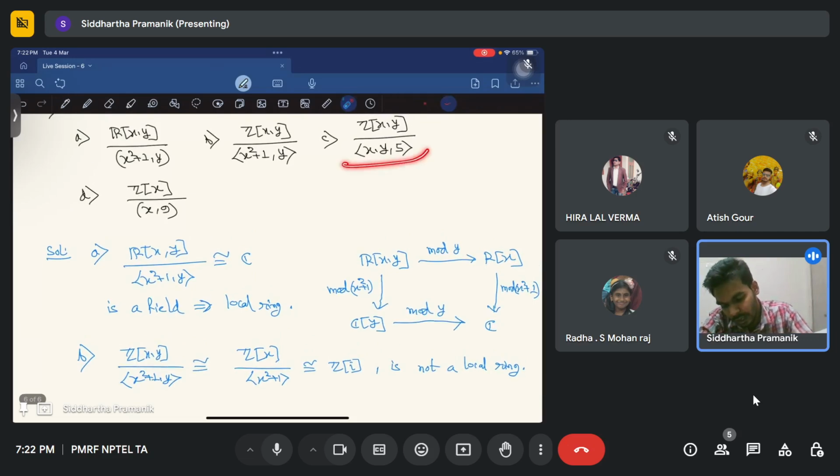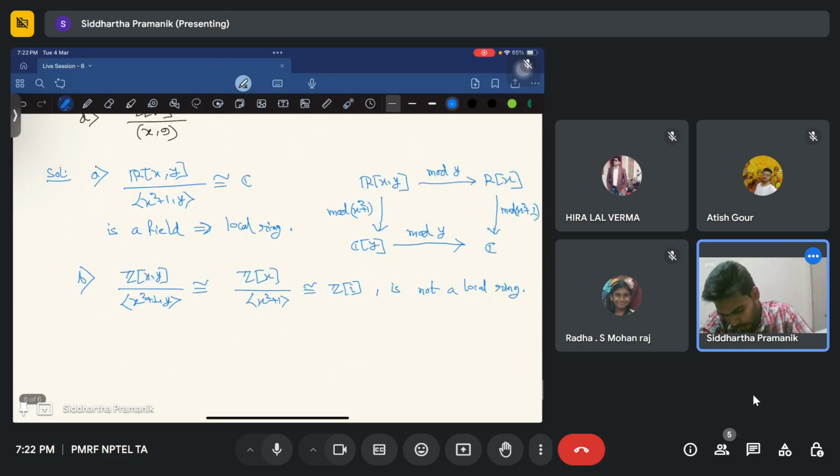So what about this third one? Try the third one. What about Z[x, y] modulo (x, y, 5)? Can you identify this? You can try the same method.